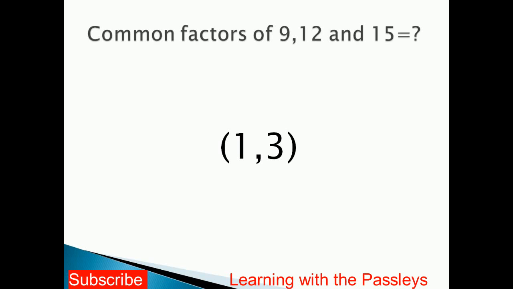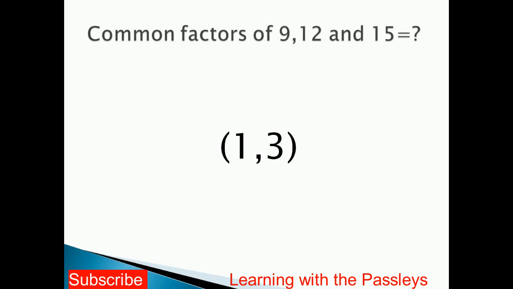You realize that all brackets have 1 and 3. Therefore, they are common factors for 9, 12, and 15. Now we need to find the highest common factor.